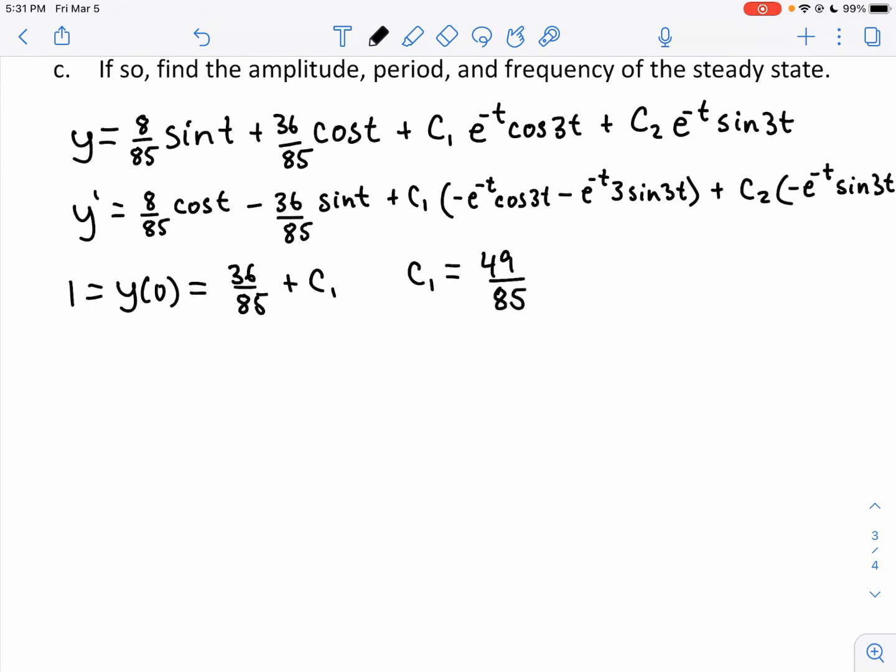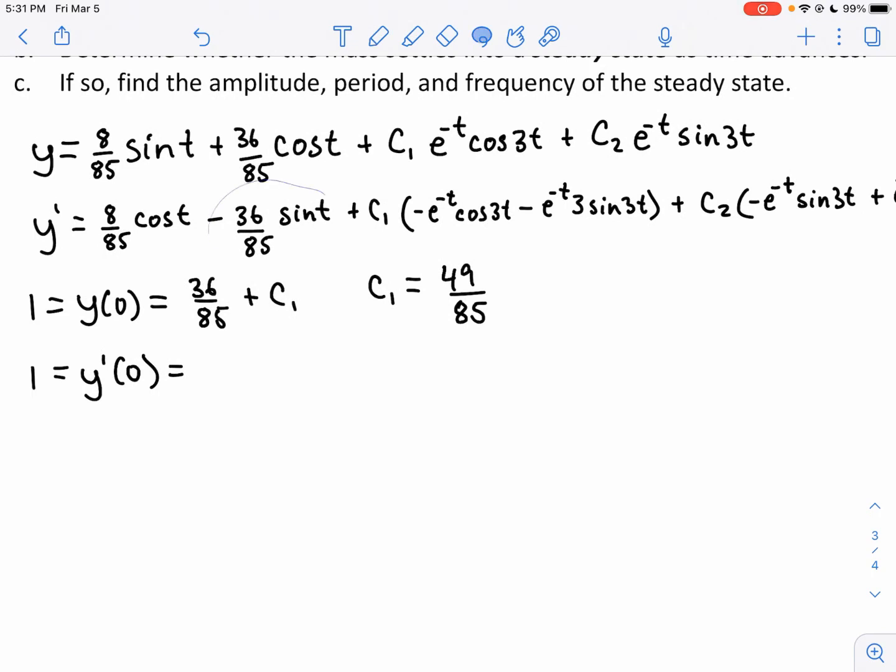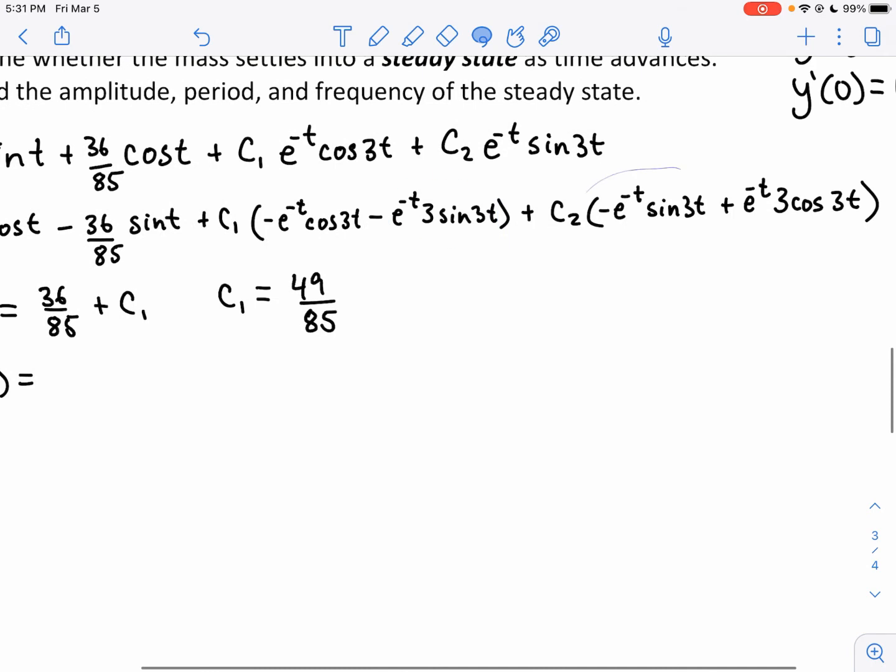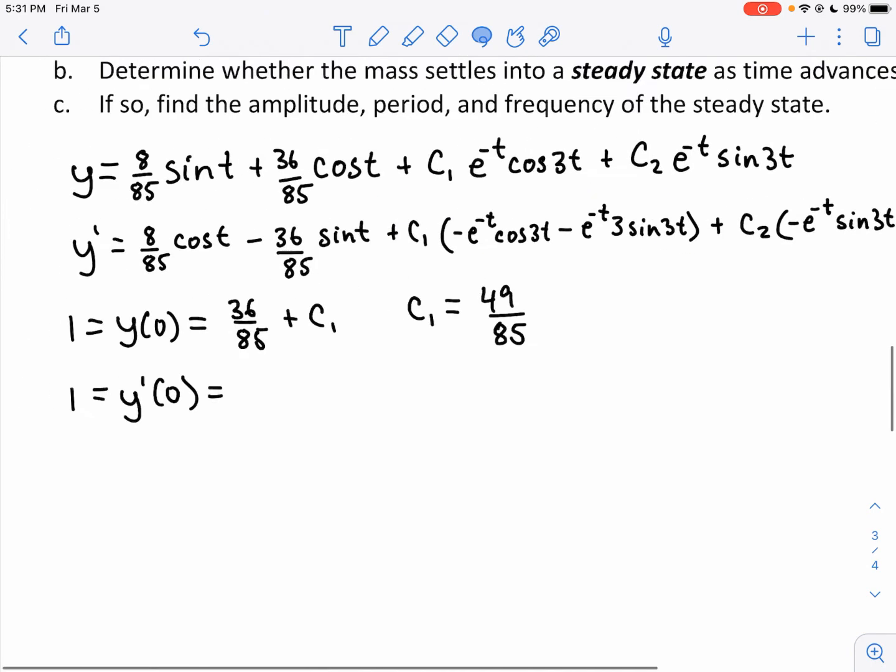Okay, now let's plug 0 into the derivative. I get 1 out of the derivative as well, so y prime of 0. And this time, this is going to 0 out, this is going to 0 out, and this is going to 0 out. Let's see, the things that don't 0 out are right here. So we have 8/85 to begin. Here we have a 1 right there and a 1 right here.